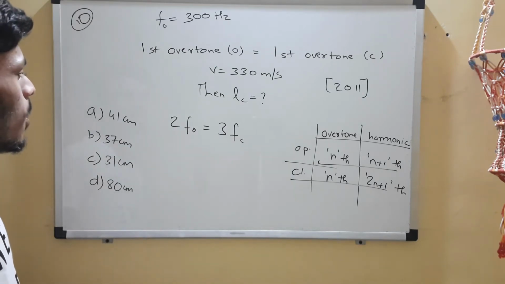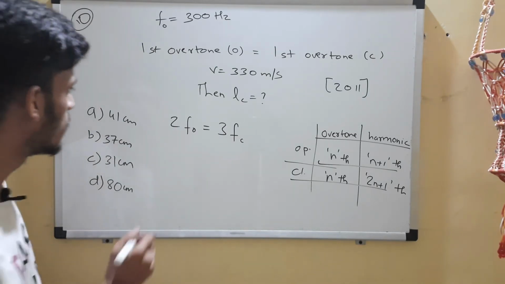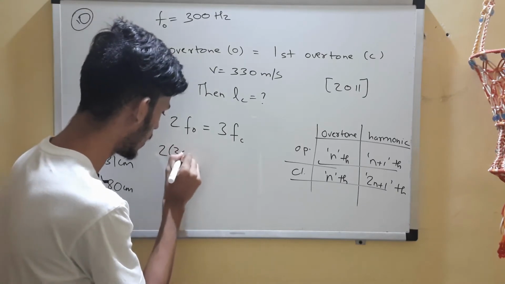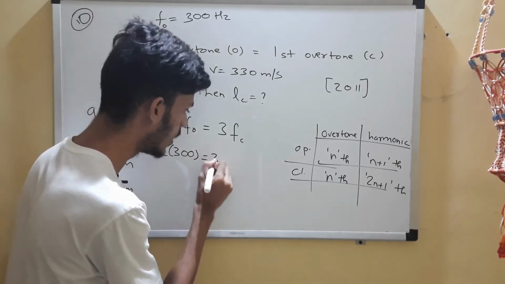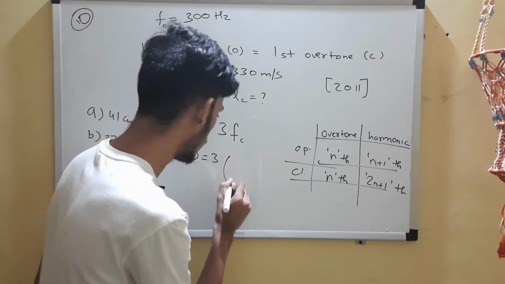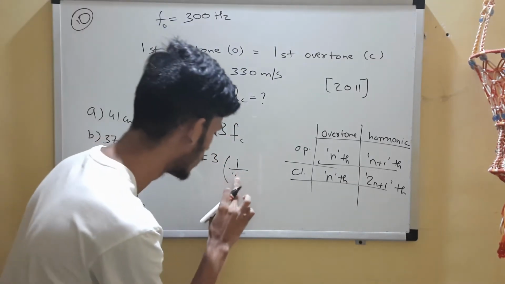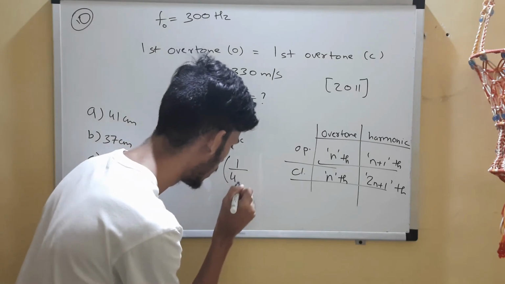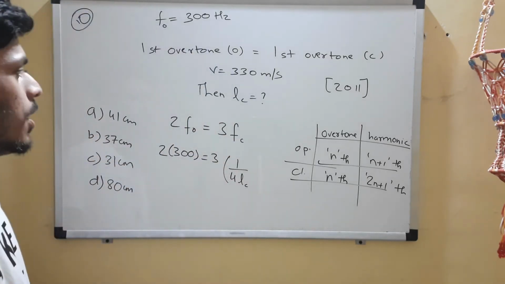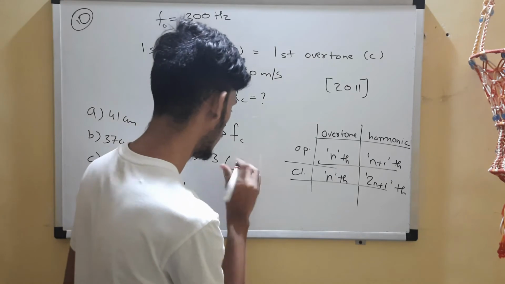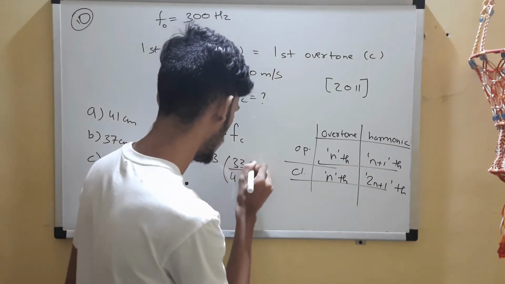Now substitute the values: 2 into 300 equals 3 into 1 upon 4 times the length of the closed organ pipe into velocity. The velocity is 330.